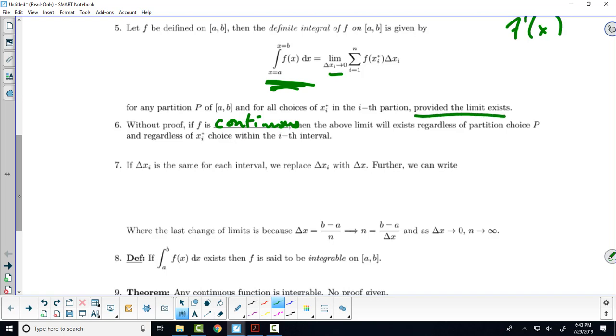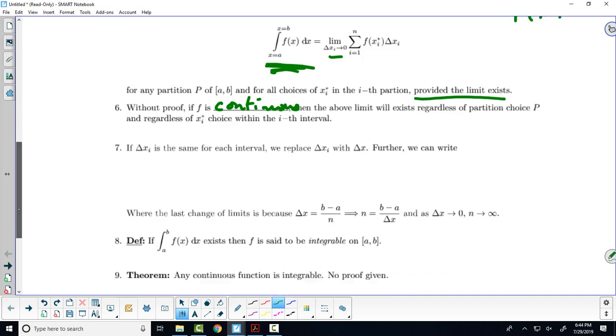When will the limit exist? As long as f is continuous. That's better than the requirement for f to be differentiable, right? All this has to be is a continuous function, and you can do this procedure, which is really nice. Actually, there are some functions that are discontinuous, and you can still do this procedure. But in our class, we'll say if it's continuous, we can do this procedure, the limit will exist.